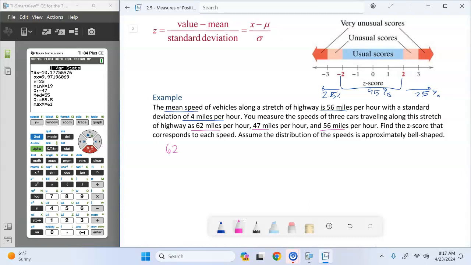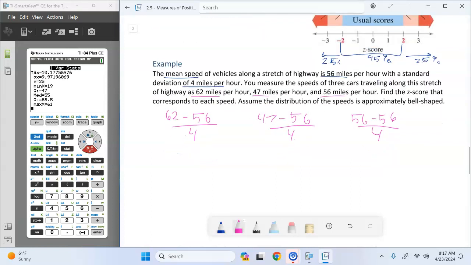So we take each value, subtract the mean, and divide by our standard deviation. 62 minus 56, divided by 4. 47 minus 56, negative 9 divided by 4, is negative 2.25.